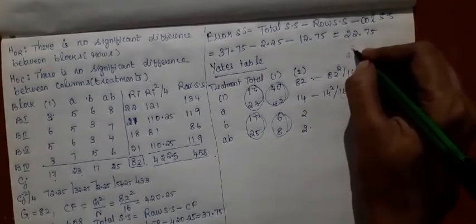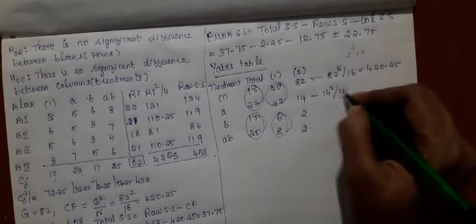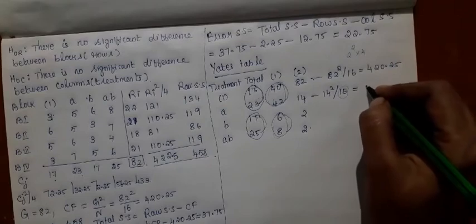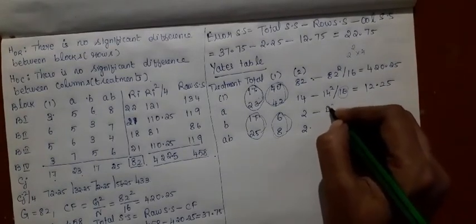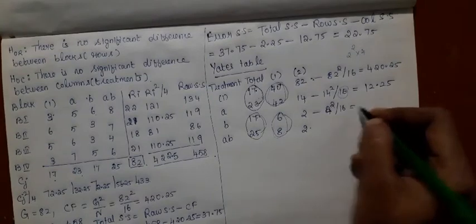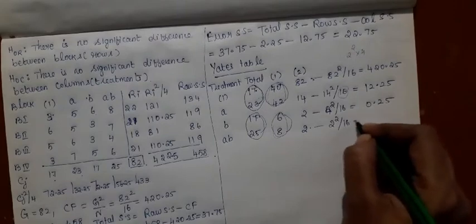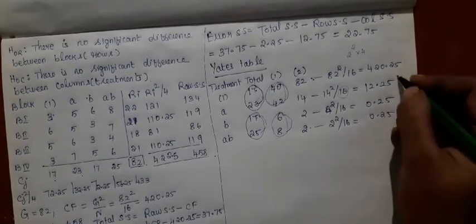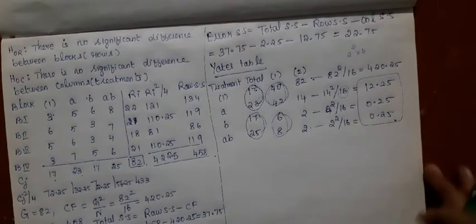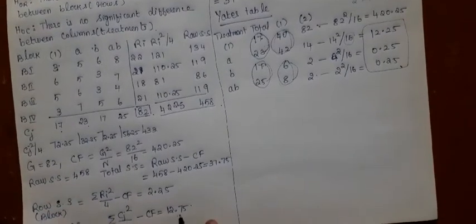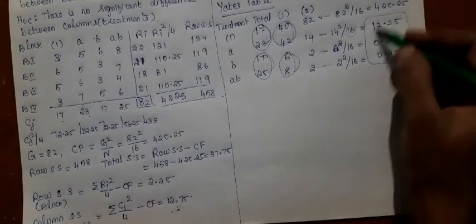It is a 2 square design, and you have 4 blocks, right? So it is 16. So 14 square by 16 is 12.25. 2 square by 16 is 0.25. 2 square by 16 is 0.25. When you add these three values, you get 12.75, which is the actual value you got for column, that is treatment sum of square, 12.75. You should get like this.